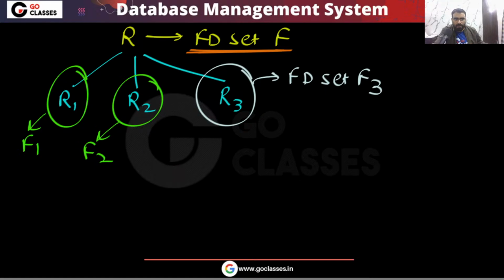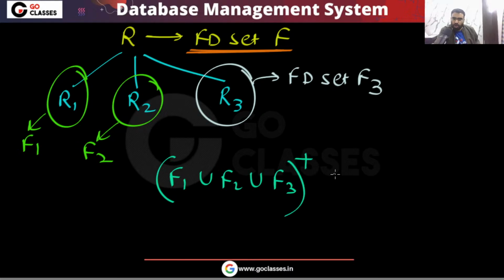Now, I can say that maybe some functional dependencies can be lost. Remember, a new functional dependency we can never get, but maybe some functional dependency can be lost. If you find the closure of F1 union F2 union F3, then remember this closure will always be a subset of F closure.